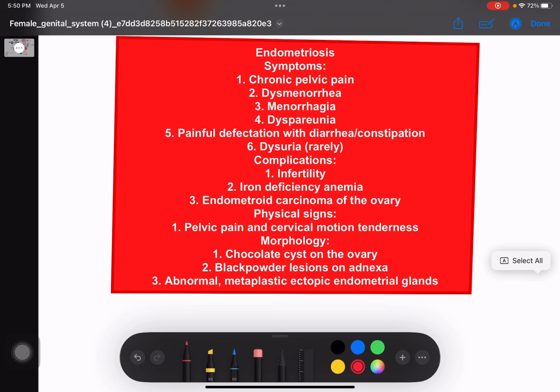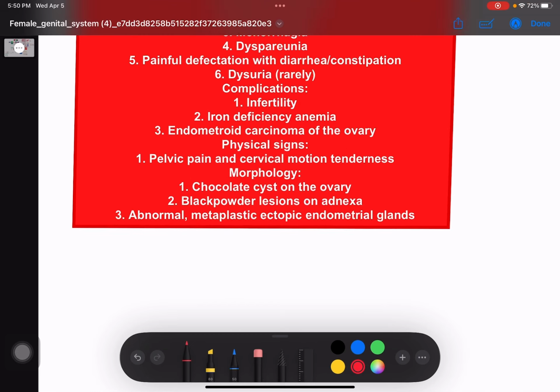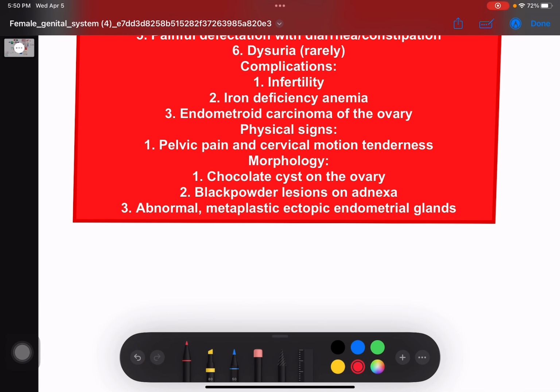And morphology includes, on pathological examination, a chocolate cyst on the ovary. This is usually when the endometrioid tissue is near the ovary. The blood that is secreted from this endometrioid tissue gets oxidized, and it has a characteristic brown-blackish color, which is called a chocolate cyst.